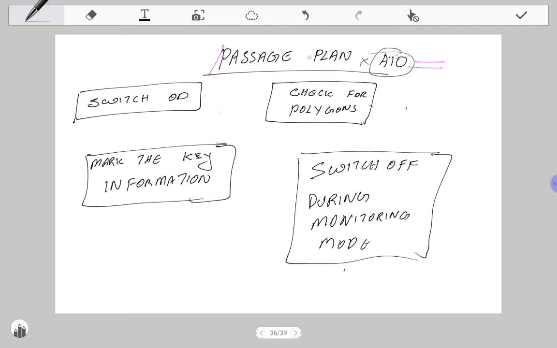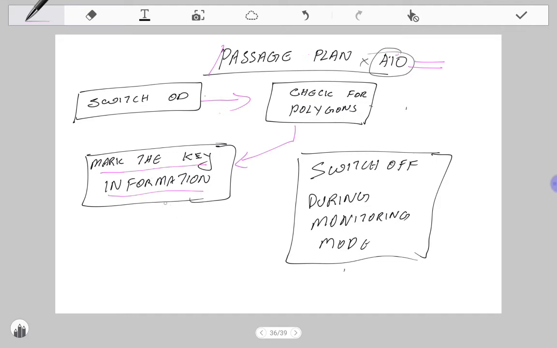During passage planning, we switch on the AIO layer and check for polygons along the route, and if any polygons are found during passage planning, mark the key information.